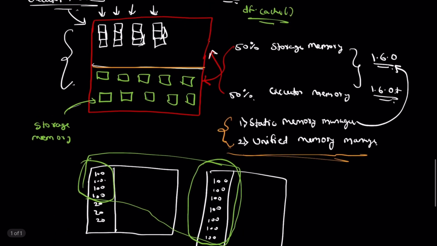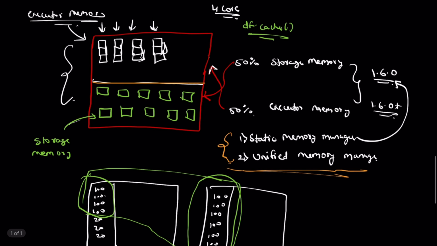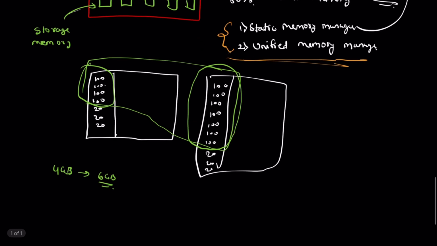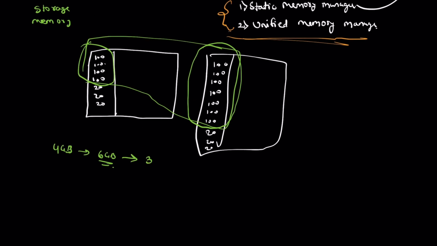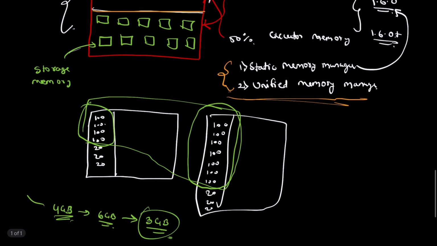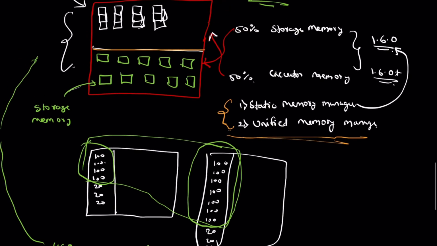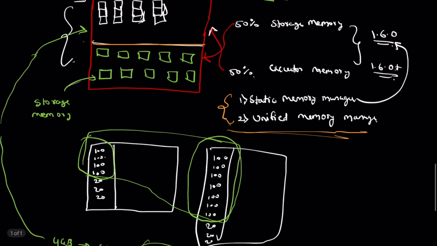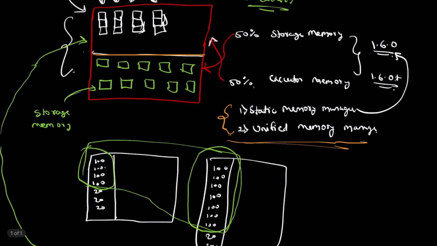Then this 6 GB is divided into storage memory and executor memory, approximately 50% each. Then the executor memory is 3 GB, but the data of a single key is 4 GB. So we are trying to bring 4 GB of data into our executor, which is 3 GB. And in that case, we won't be able to perform the join because the executor memory is very small.